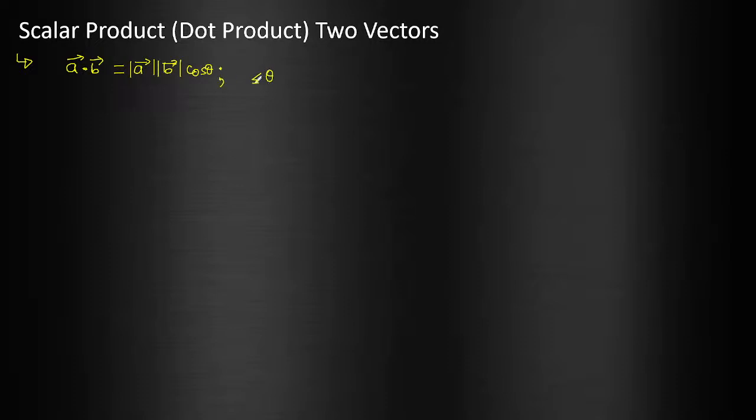Theta is 0 to pi. Okay, so this is dot product. This is called scalar product. This is called dot product. A vector dot b vector is the magnitude of A into magnitude of B cos theta.